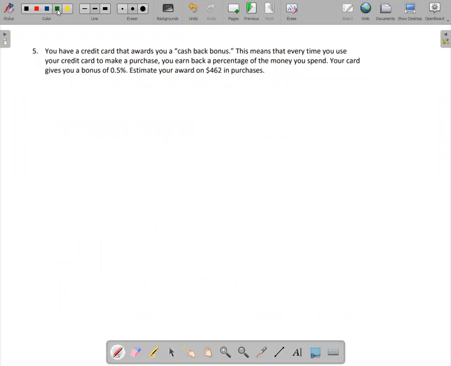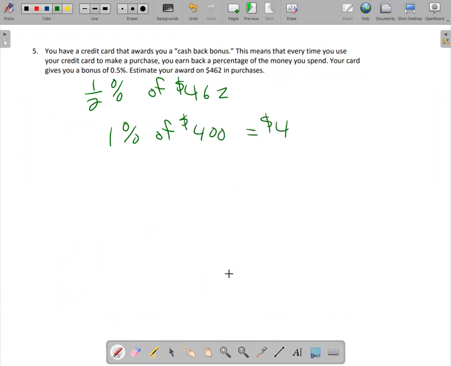And get better memory. All right, so let's see. We want 0.5% of 462. So I'm going to start with 1% of 400, which is 4, and then I can modify that. So 0.5% of 400.